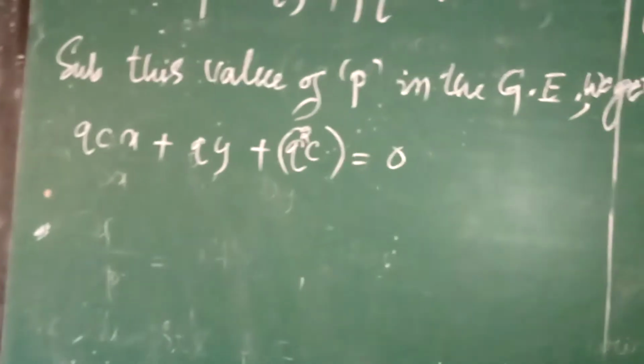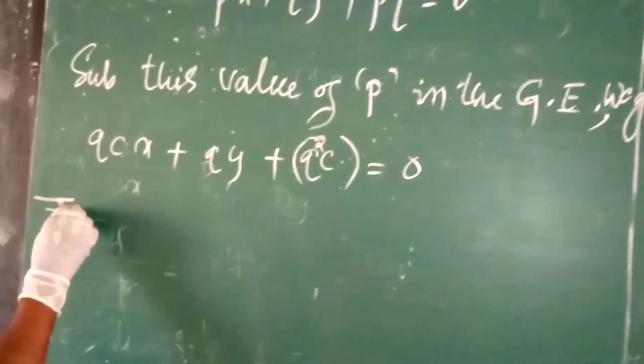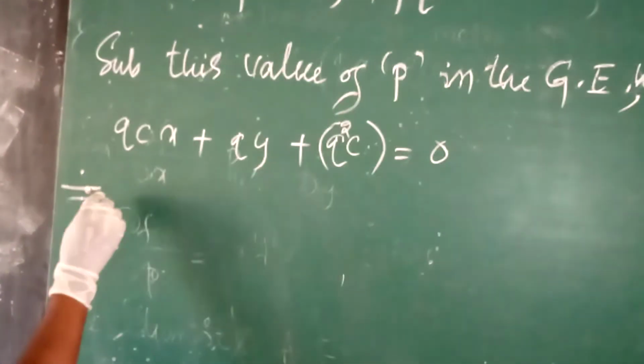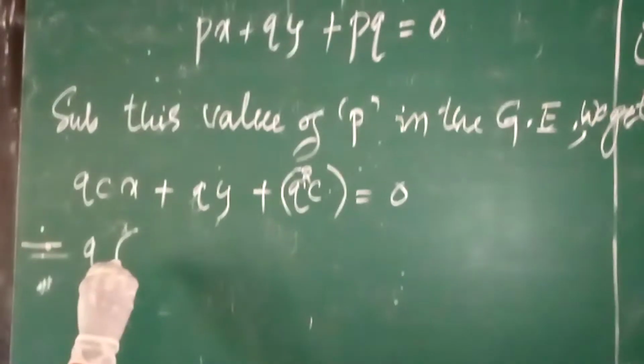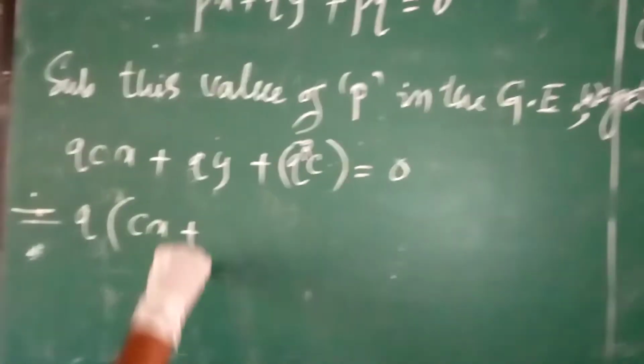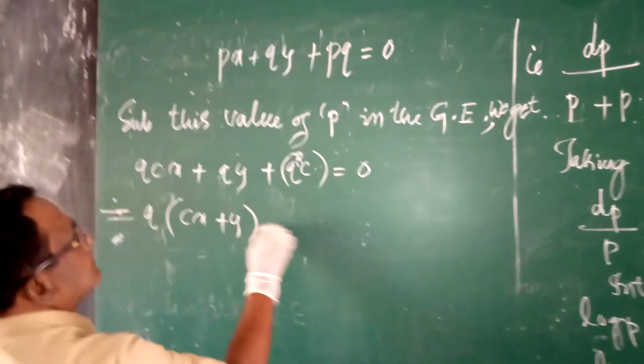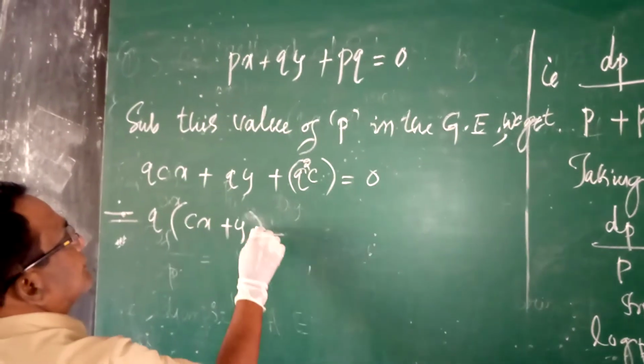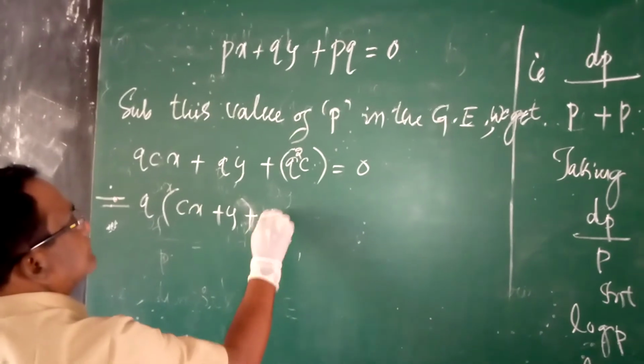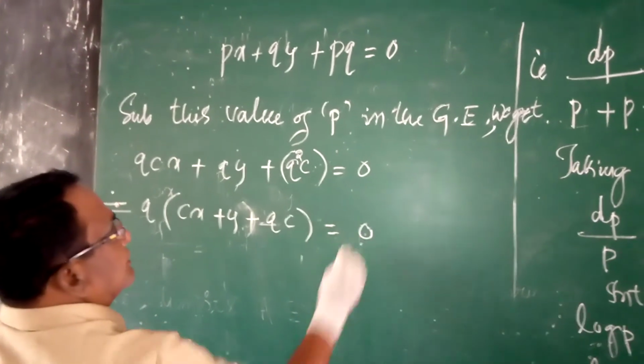Here you can divide by Q, or write Q common. It is Cx plus Y plus QC is equal to 0.